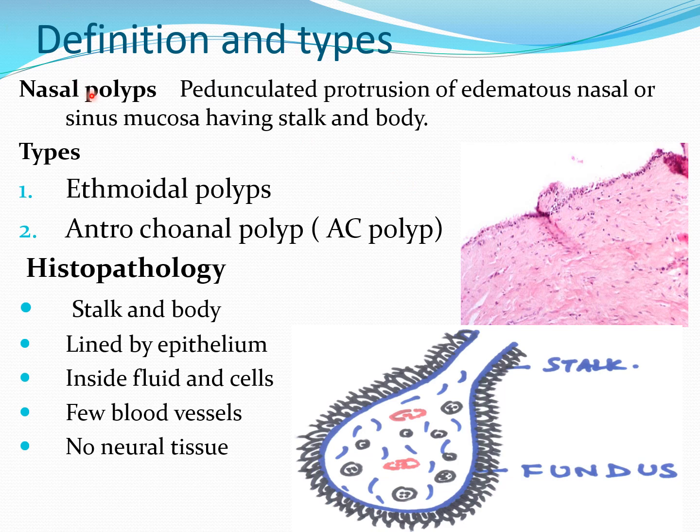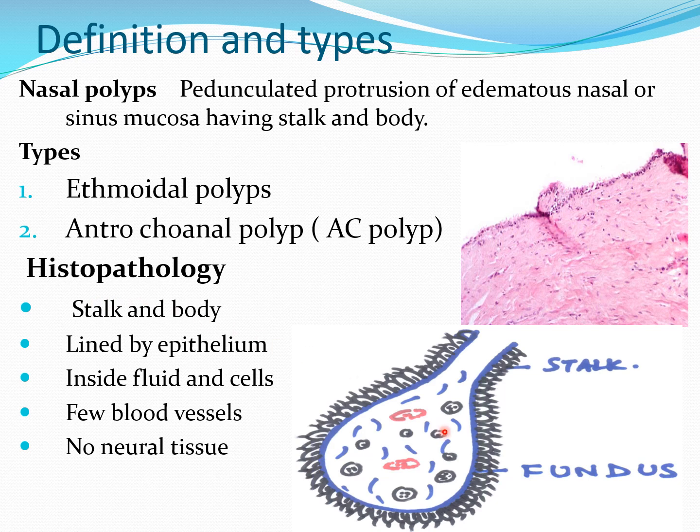So what is a polyp? A polyp is any structure that is in the form of a polyp, containing a stalk and fundus. You can see the stalk and fundus. So it is actually the herniation of the mucosa of the sinuses inside the nasal cavity, and this herniation is due to edema of the mucosa of the sinuses.